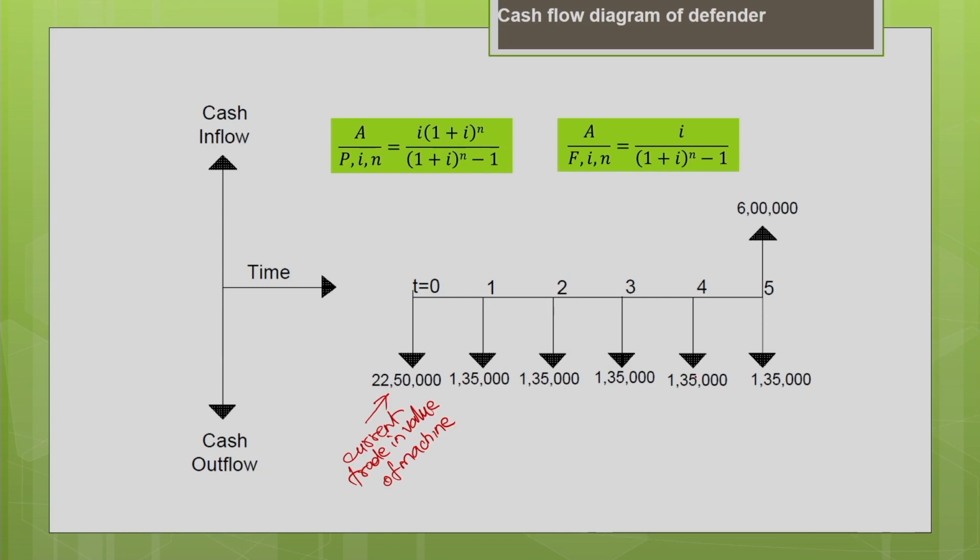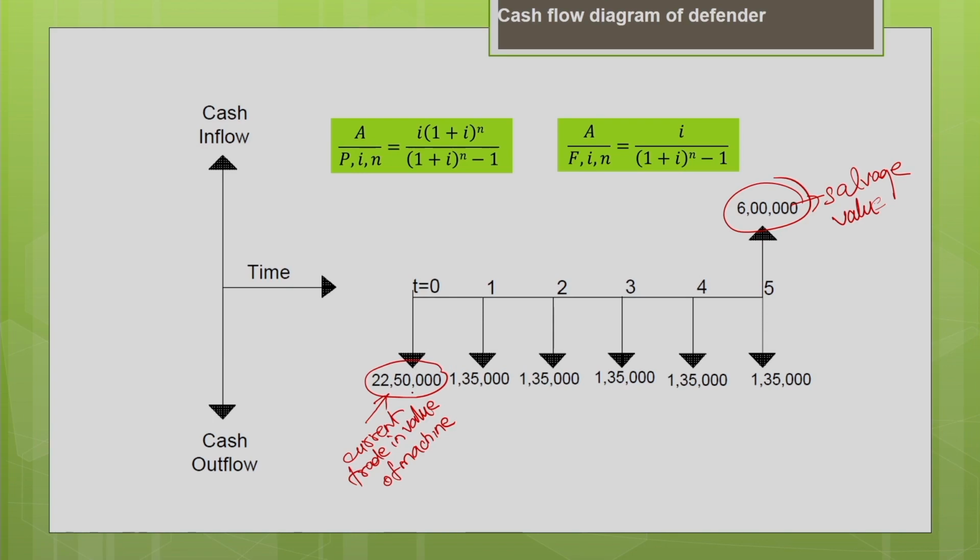The remaining life of the machine is estimated as 5 years. At the end of the 5th year, when you sell it, you are going to get a cash inflow of 6 lakh, which is the salvage value of your machine. Based upon this, you can estimate the equivalent annual cost. So, how to estimate the equivalent annual cost? You are going to convert all these values to the time period t equal to 0.